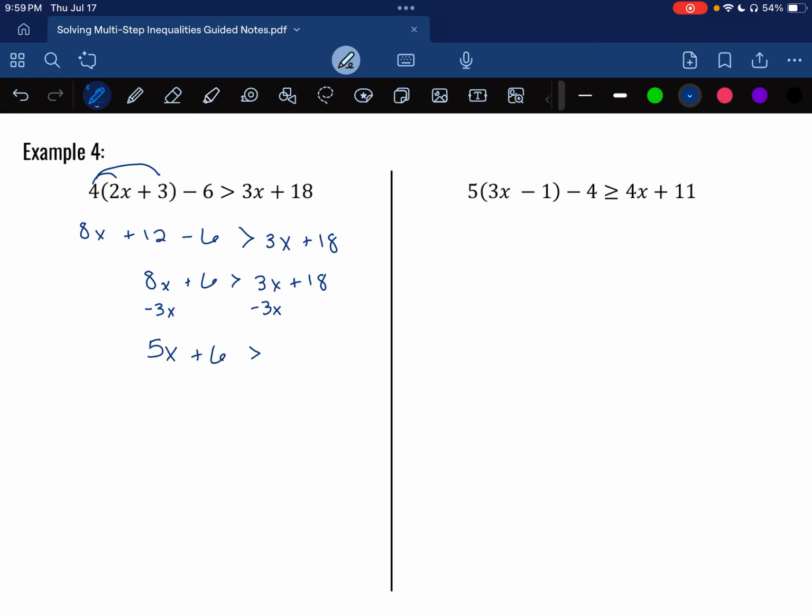All right, now I can take care of that 6. Subtract 6 from both sides. Get 5x is greater than 12. And we'll divide by 5. There you have it. That's going to be 12 fifths or 2.4. x is greater than 2.4.